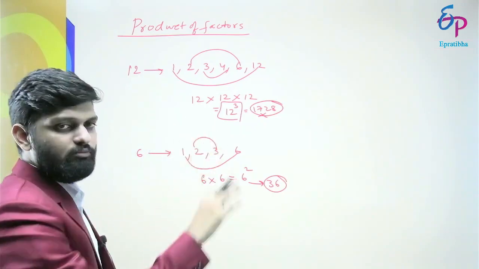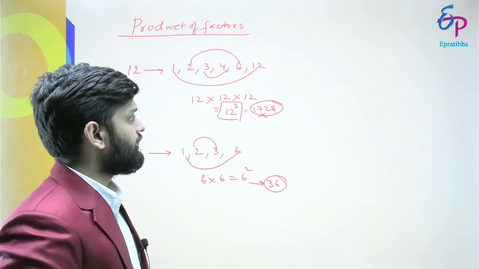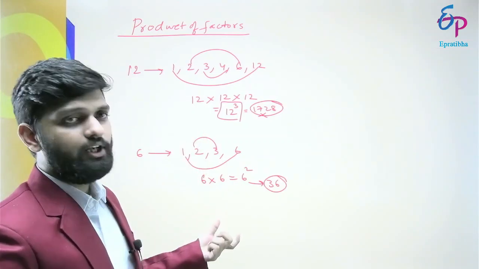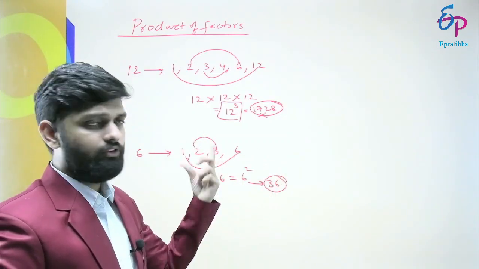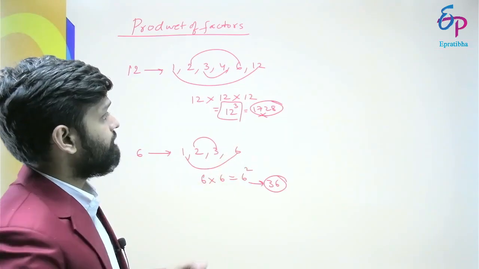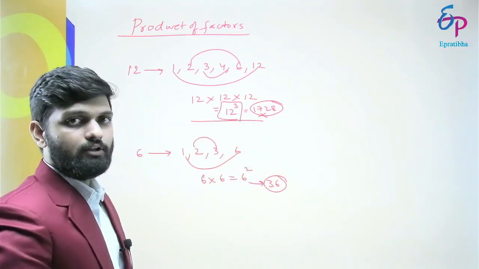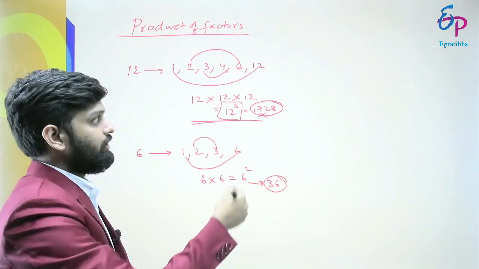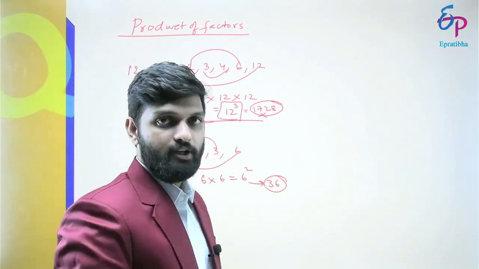But these are easy numbers, right? 12, 6 are easy numbers. If you have 840 like that, then it will be very lengthy if you are writing and multiplying that. That means we have to work out some method which you can rely on in an examination in order to get the answer in just 1 minute itself.